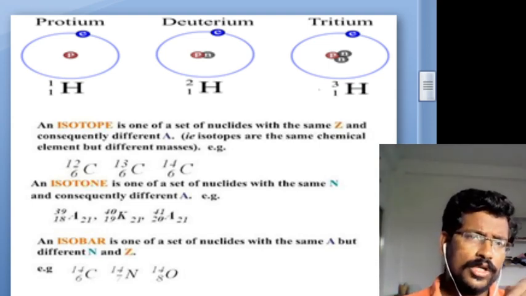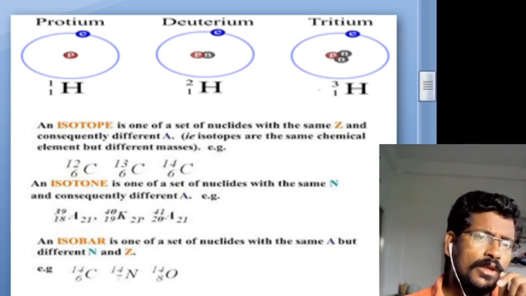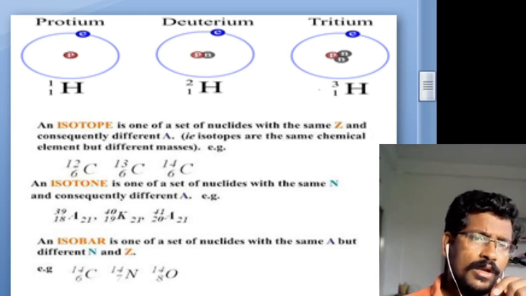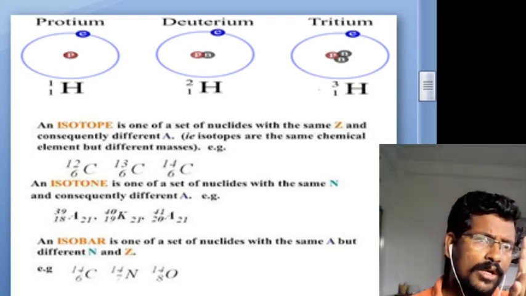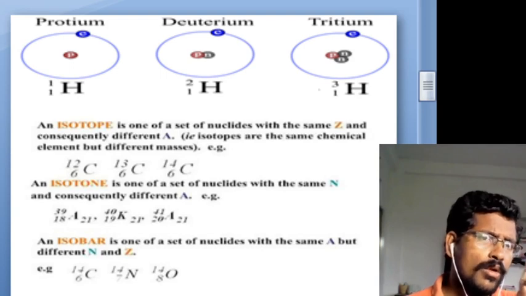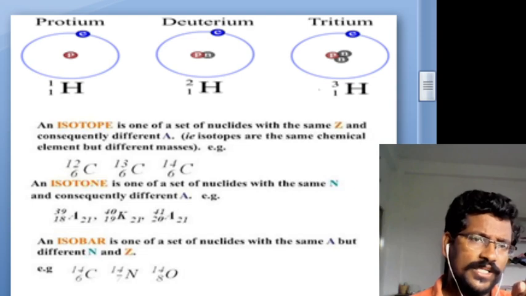We are looking at this diagram. Here, protium is made of this type of hydrogen atom, with only one proton in the nucleus. Here we look at deuterium.